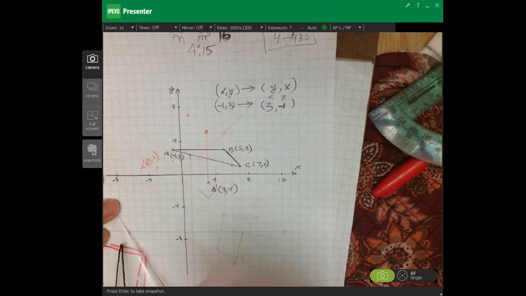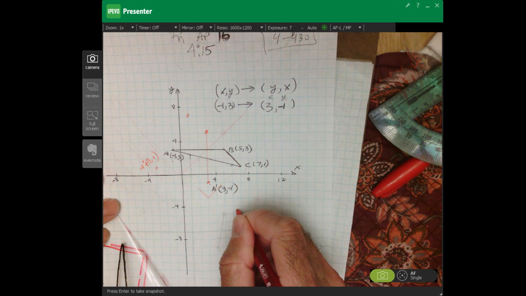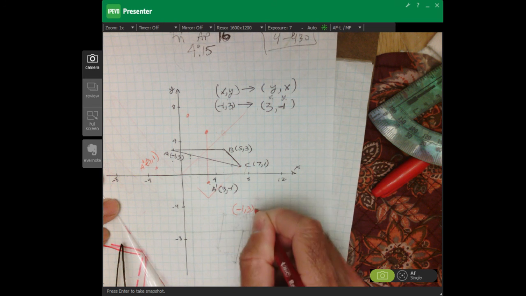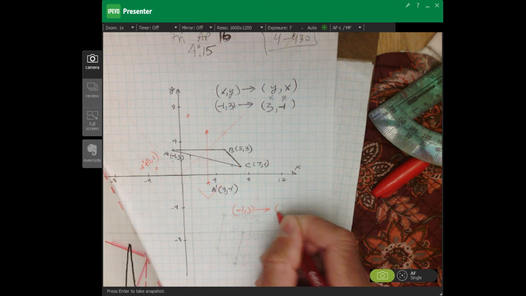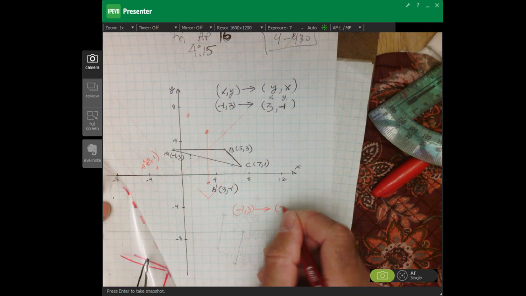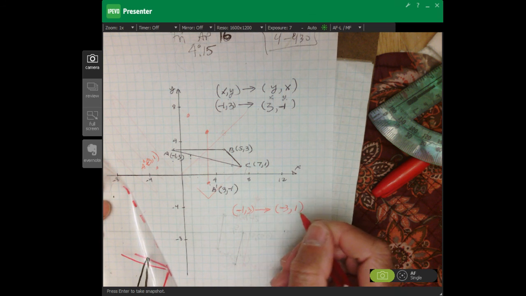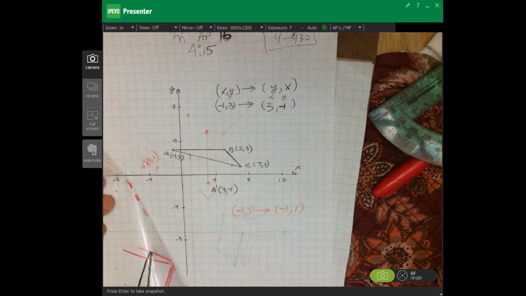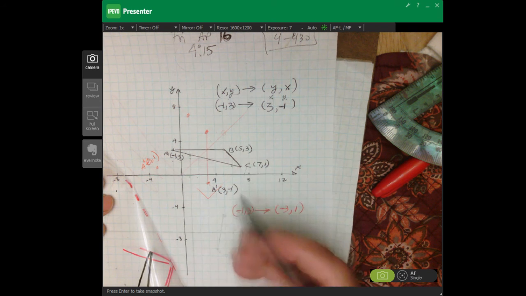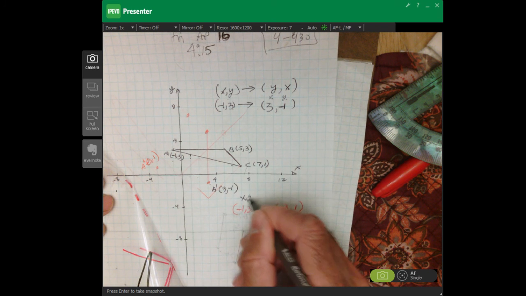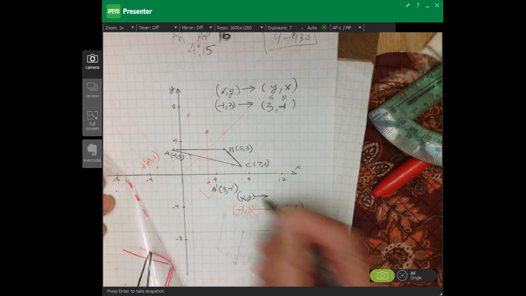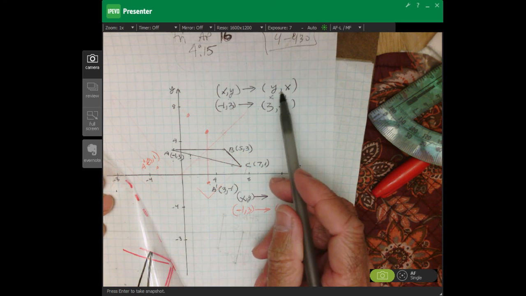So on this one, we went from -1, 3 to -3, 1. So if you look at how we had the original, we start off with x, comma y. It's going to be very similar to this.